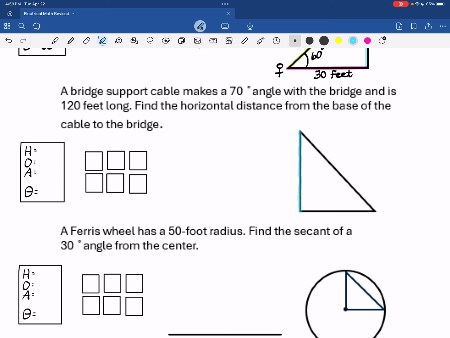It's this one. So bridge is opposite. The cable is hypotenuse. And they also tell me that the cable is 120 feet.